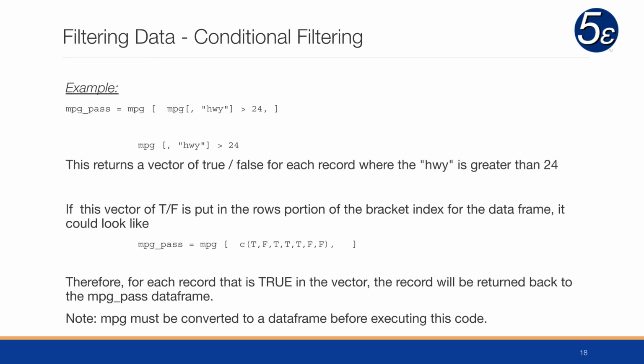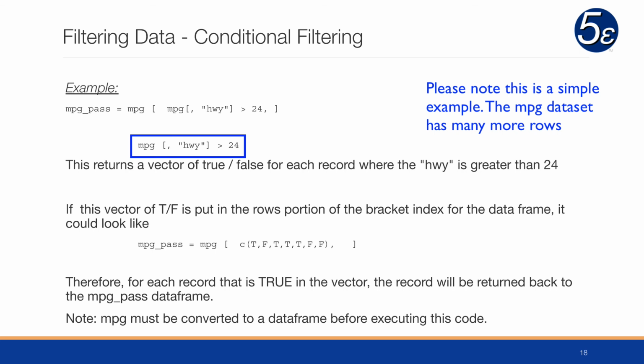So let's take a closer look at this. In this example, we have MPG, bracket, MPG, comma, highway greater than 24. Let's look at the first part of this. In this case, this will return a vector of true or false for each record where the HWY or highway variable is greater than 24. If this vector of trues and falses is put in the rows portion of the bracket index for the data frame, it would look like the following.